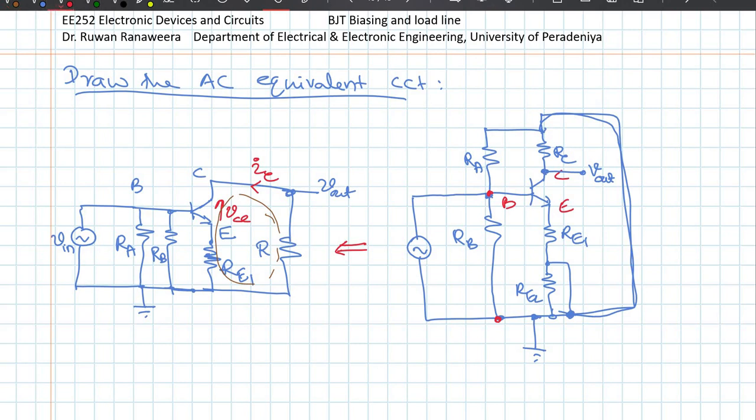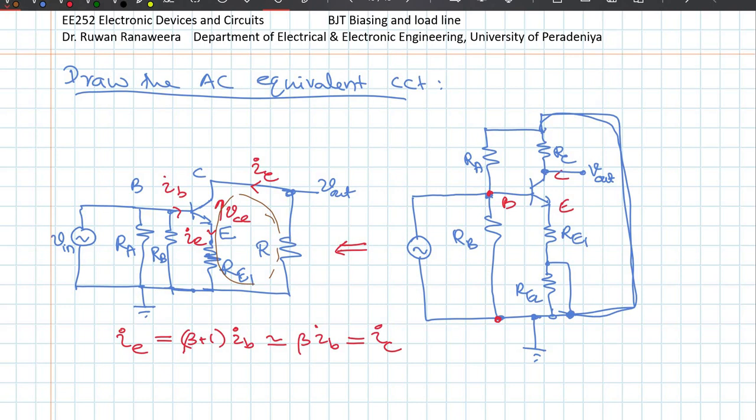A similar current will be flowing through this. This is IE, and this is IB. Okay, IE is equal to beta plus 1 times IB, which is roughly equal to beta times IB, because beta is big, 50, right? Which is equal to IC. So therefore IB, IC and IE are roughly equal. So instead of using IE, I can use IC, because what we need is a relationship between IC and IB.